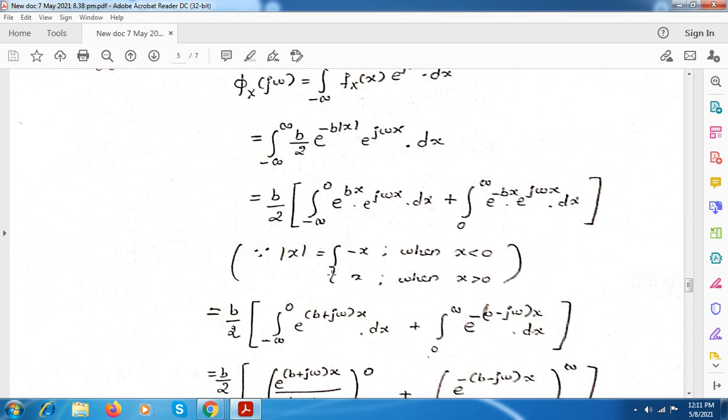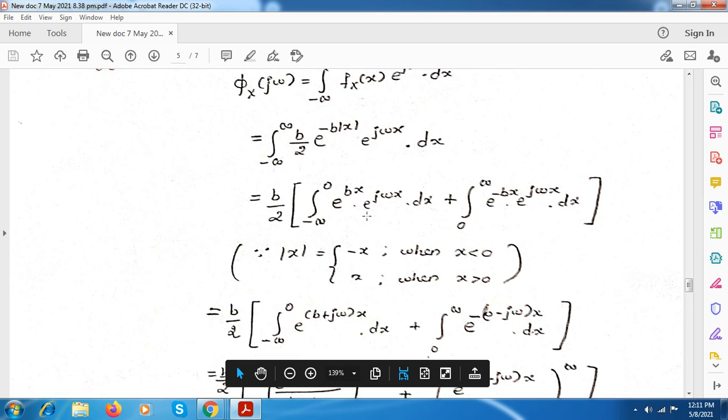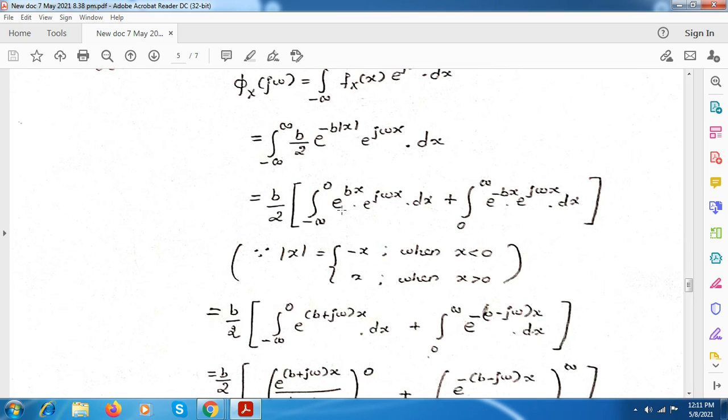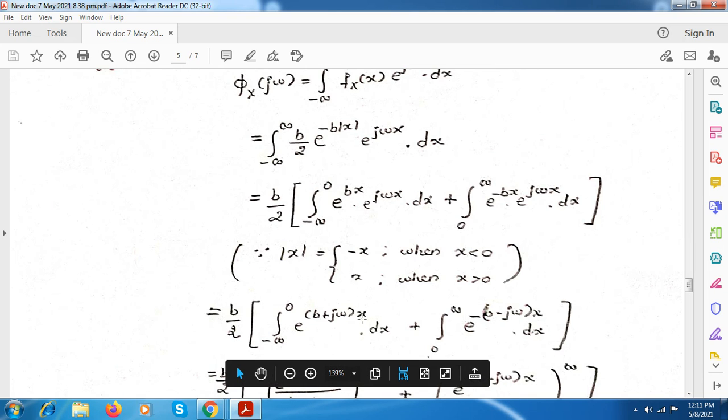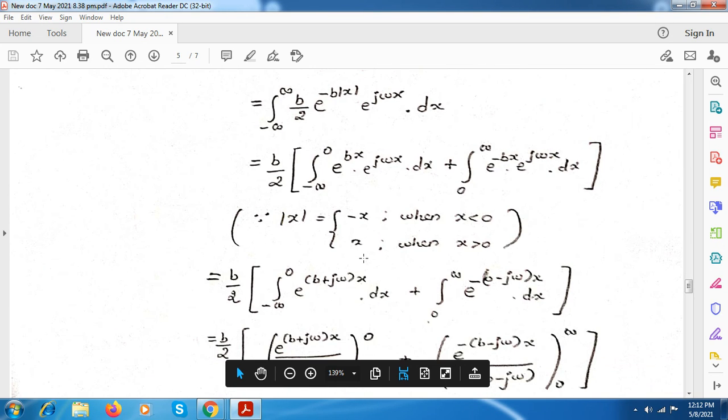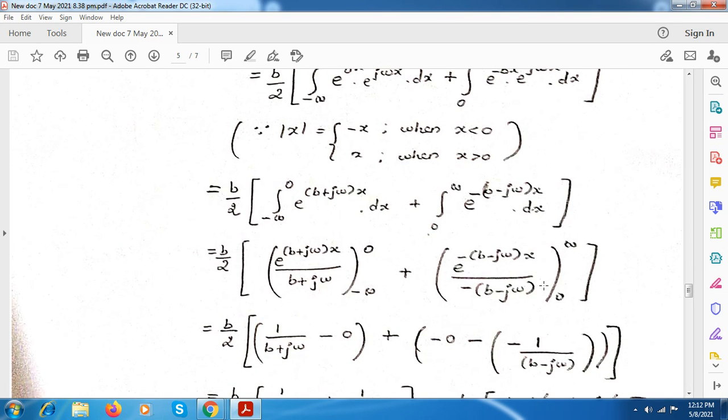So for modulus we have minus x when x is less than 0 and x when x is greater than 0. Here you have to take x out as common, because we have the same base term e, and here it is b plus j omega and x is common. Then you integrate.